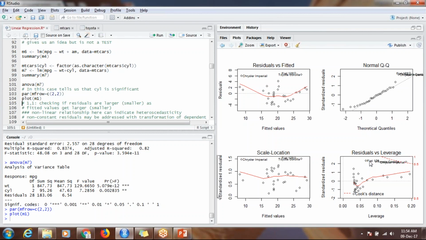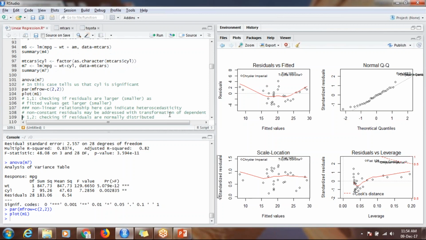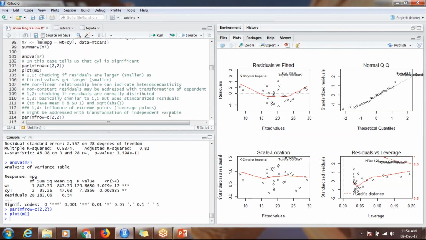Residual versus leverage is actually for a far point, to see if there are any extremities in the model or not. Are there any extreme values or not? For example, if I have a log function, first my value is low, then it becomes high, higher, and higher.